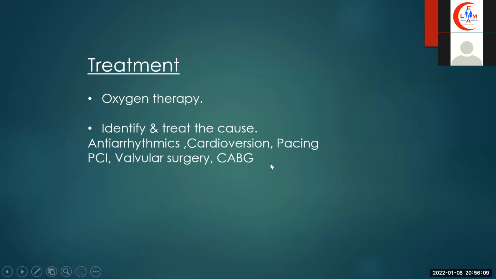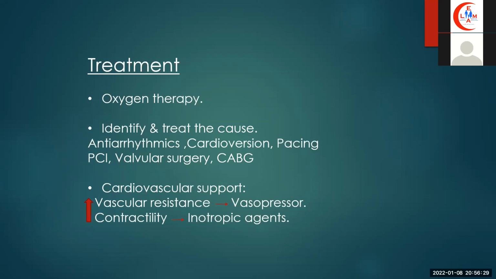And don't forget, if the patient has ischemic heart disease, an MI, you need to give them aspirin, morphine, oxygen, nitroglycerin, etc. Cardiovascular support is very important because these patients will not tolerate too much fluid. You can give a little amount of fluid just to check, but don't give them too much fluid because those patients are not hypovolemic.